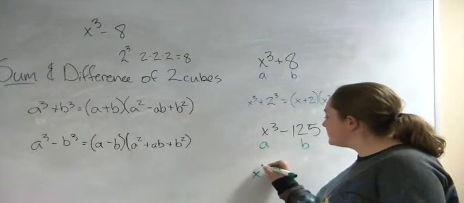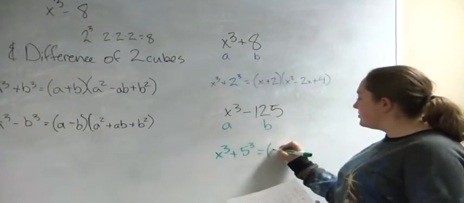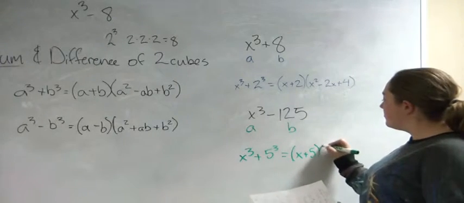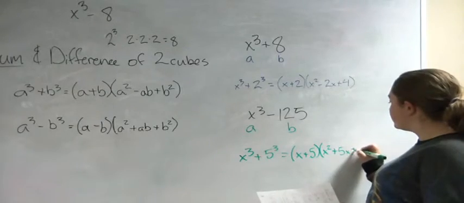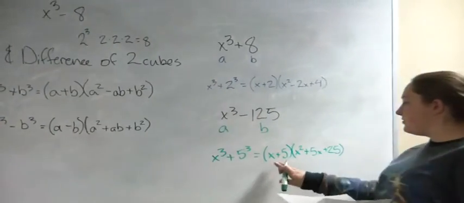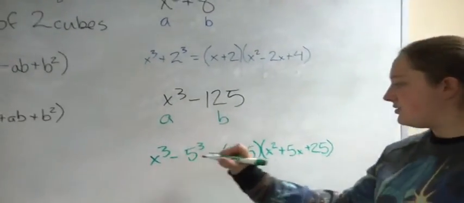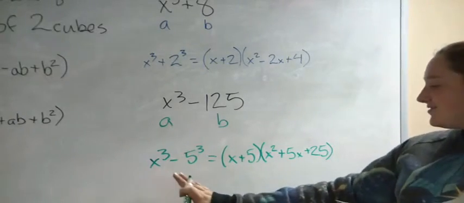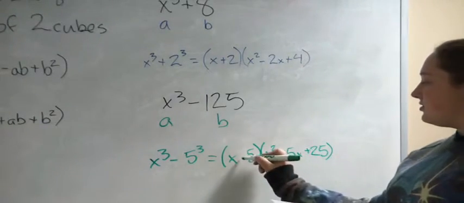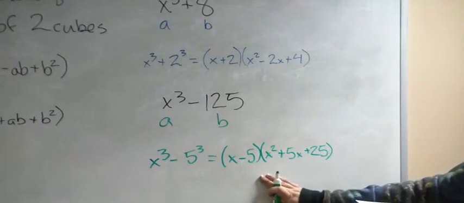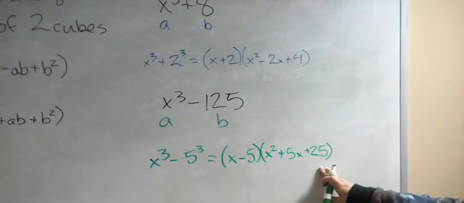So, we have x cubed plus 5 cubed is equal to x plus 5, x squared plus 5x plus 25. That's a minus, I'm sorry. X cubed, a cubed minus b cubed is equal to a minus b times a squared plus ab plus b squared.